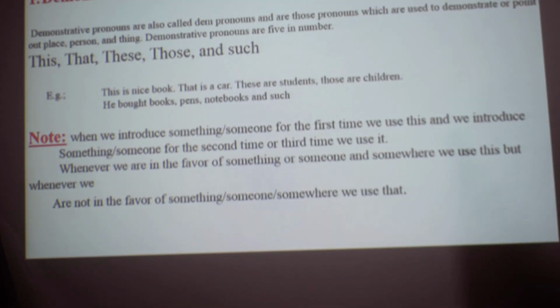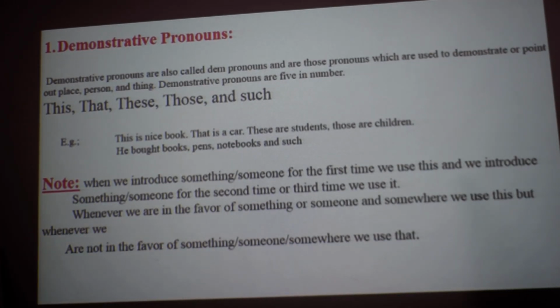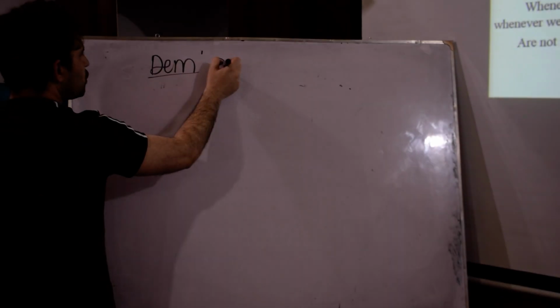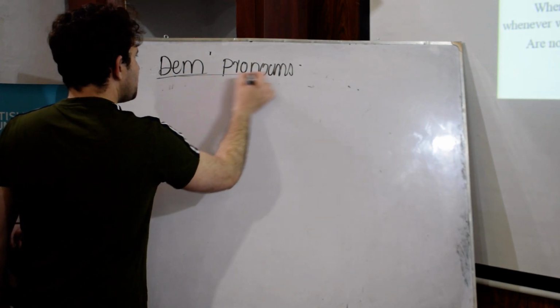Now the fourth type of pronoun we want to come towards is called demonstrative pronouns. Let's talk about demonstrative pronouns. What are demonstrative pronouns? We also call them dem pronouns.